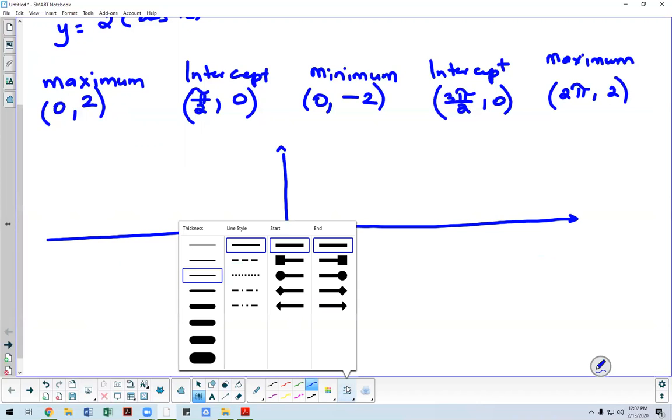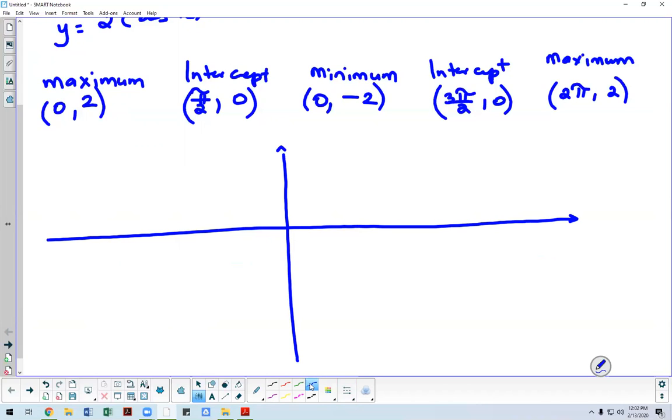Let me see if I can make this a little skinnier. Negative pi halves. Of course, this is the origin, so that will be your 0, 0. We will be at positive pi halves, right?